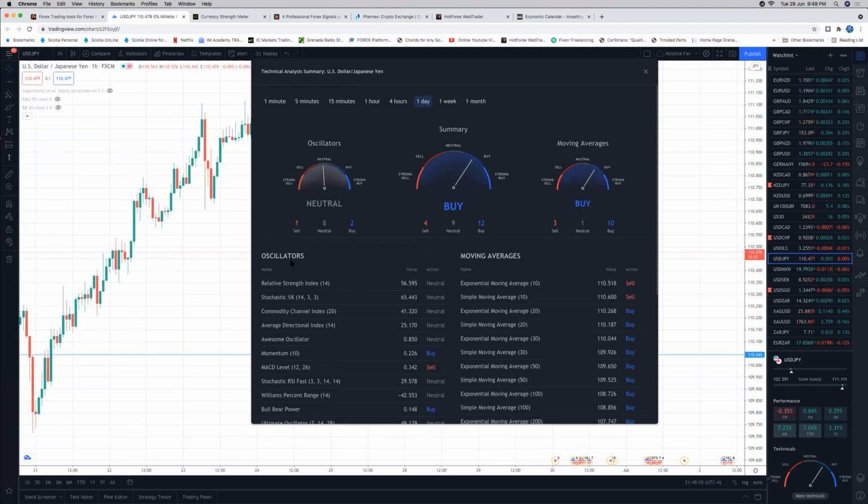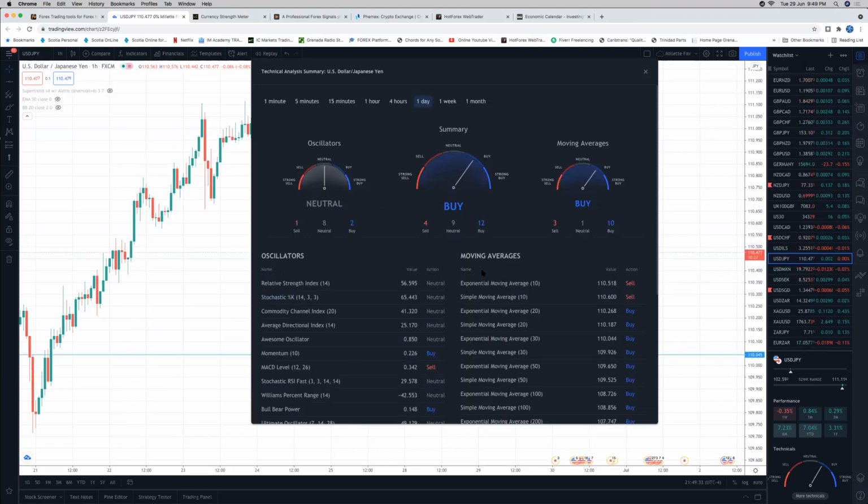And we have categories. So we have oscillators. Inside oscillators here, we have the RSI 14, we have the stochastic, a whole list of them here that shows you momentum. We have the MACD, we have Williams percentage here. These come under oscillators.